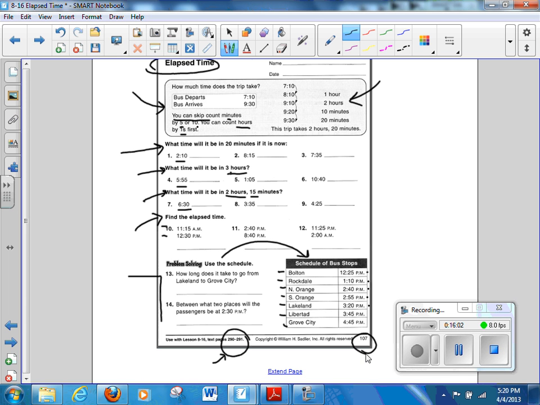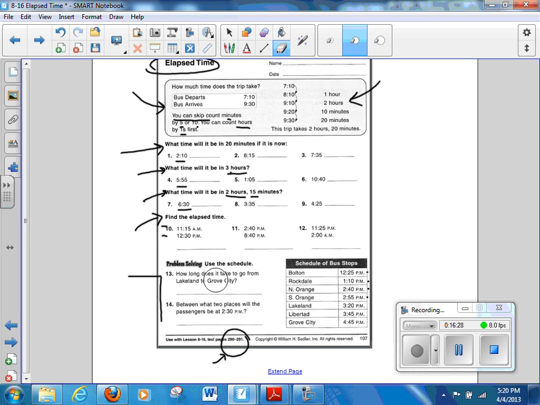And maybe those aren't actually cities, maybe they're just street names. And if I had a job in Grove City, and the bus arrived at 4:45, and my job starts at 4 o'clock, well, I can tell I'm not going to be able to get to work on time. So it's important to be able to read a bus schedule. There's some days that you probably will be in a large city, and you'll want to be able to figure out how to use those schedules. And here is some good practice for that.